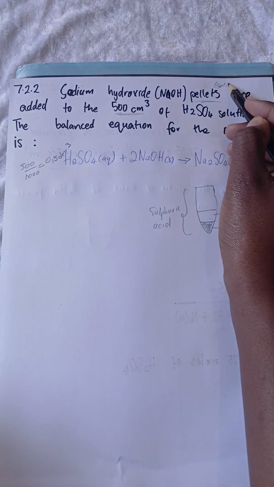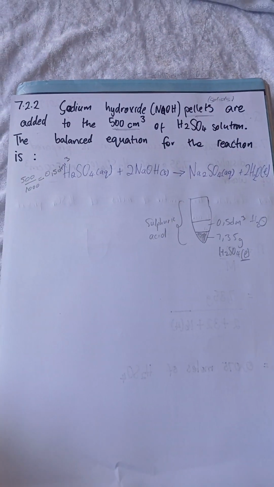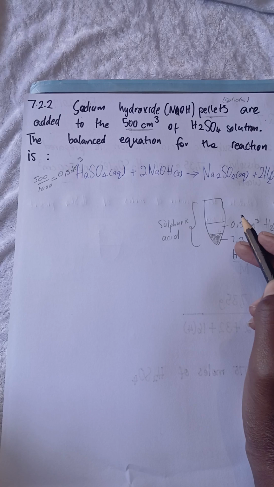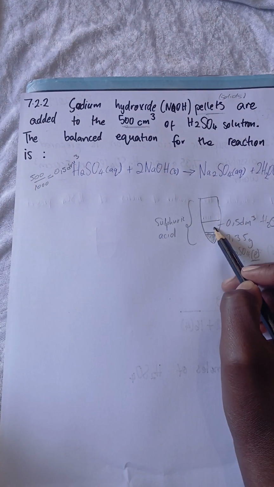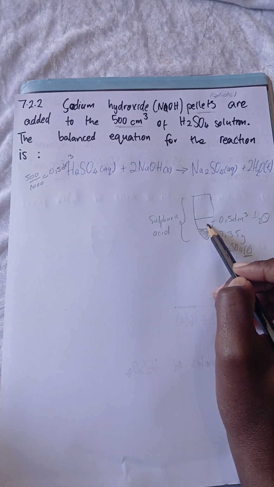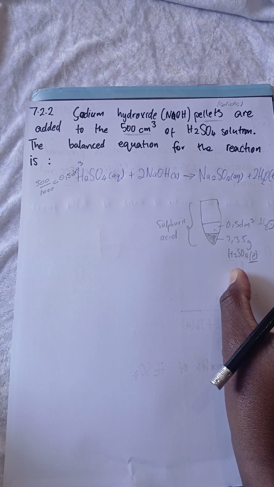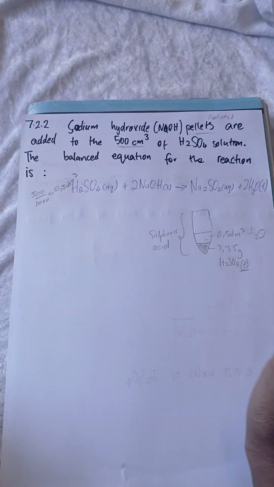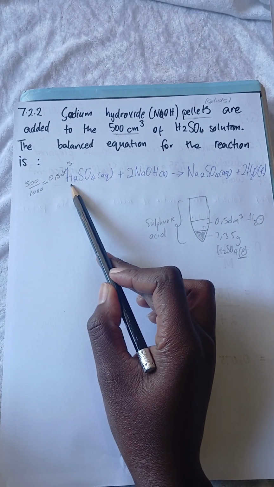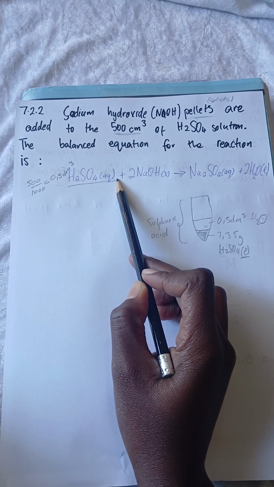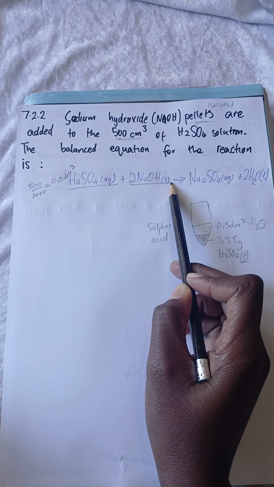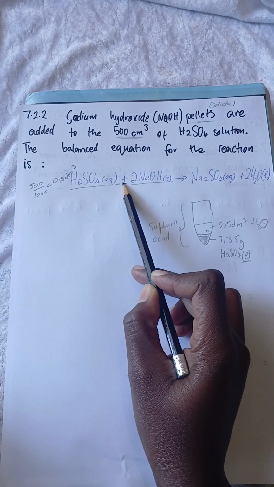So these solids are added into this 500 centimeter cubed, the 0.5 decimeter cubed of H2SO4 solution. So the balanced equation is this one. They are showing us the balanced equation. We started with this, and then this was added to it.